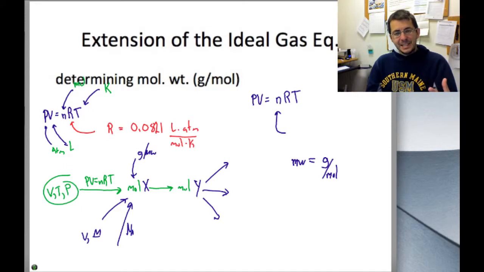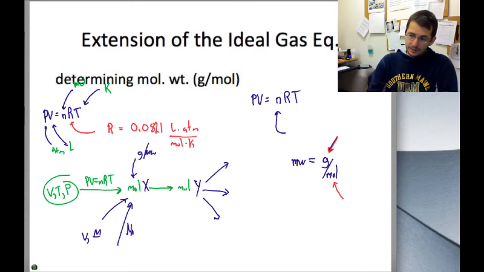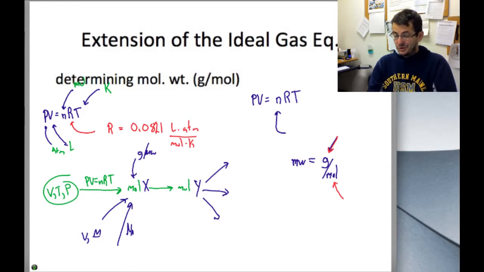The implied information in there is that if we know the number of grams of a compound, which we can usually get from the balance, and the number of moles, which we can usually get from other methods, like maybe gas laws, we can combine the two and determine the molecular weight.